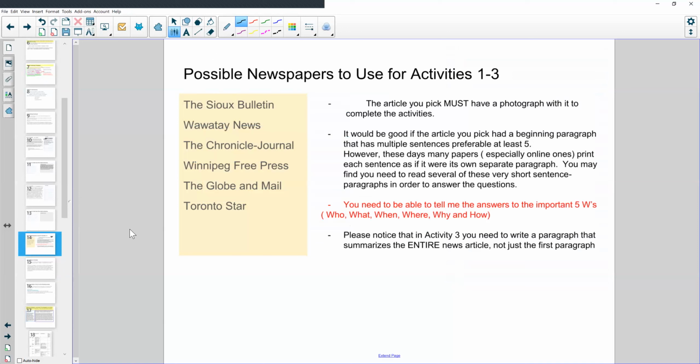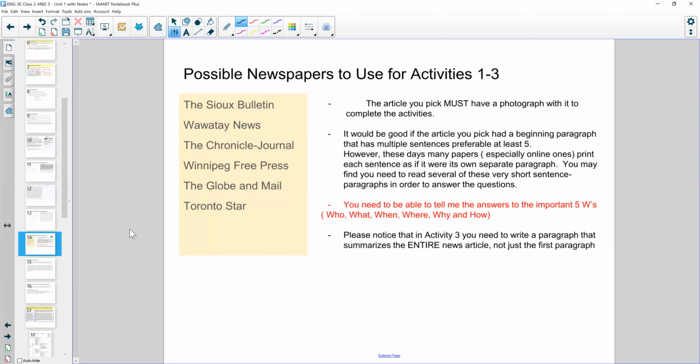for activities 1 to 3, you need to pick an article from a paper. The article must have a photograph in it to complete the questions. Now, it would be good if the article you picked had a beginning paragraph with multiple sentences, preferably at least 5. And it's possible you may find that in a print newspaper. However, as I was going online to look at the online papers, I noticed something had changed, which is that a lot of the online papers printed each sentence separately as if it were its own paragraph.